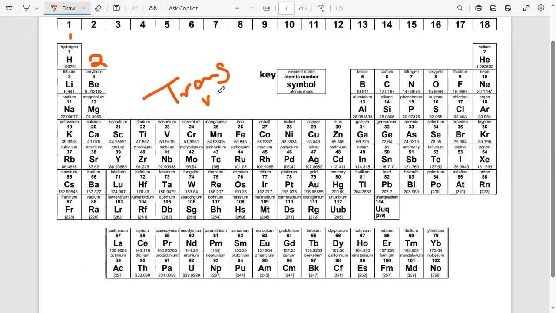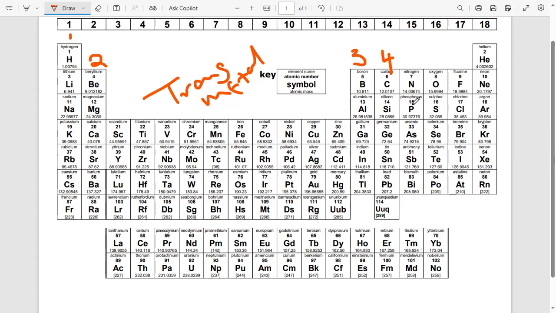So these transition metals have multiple valences. So we jump this block of transition metals, we go to group 3. So all the elements in group 3 have 3 as their what? Valence. Okay, and then group 4, it has 4.